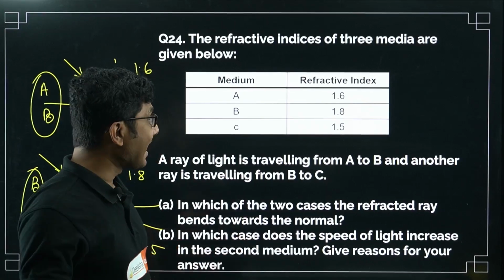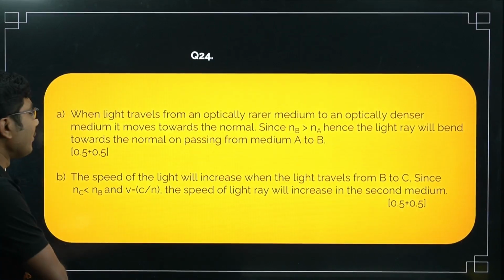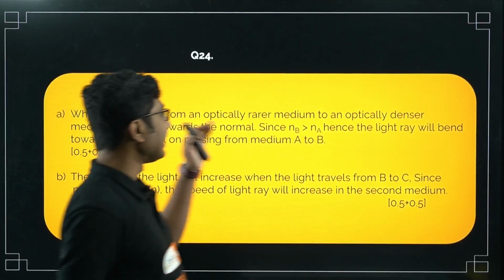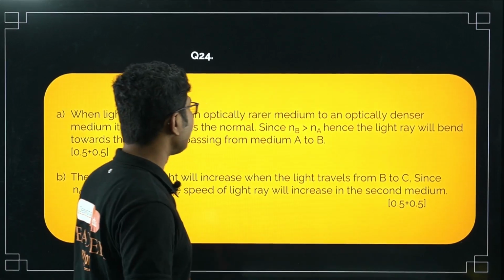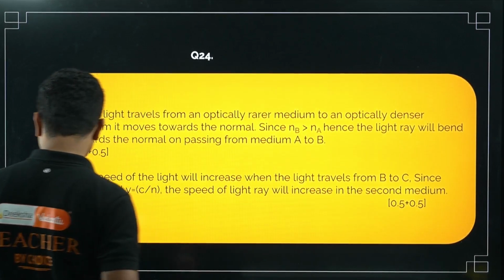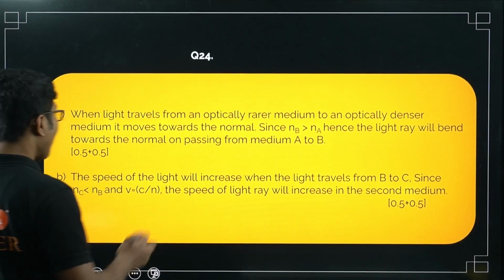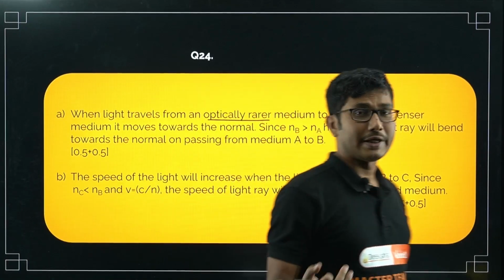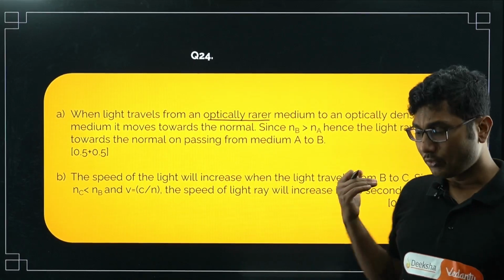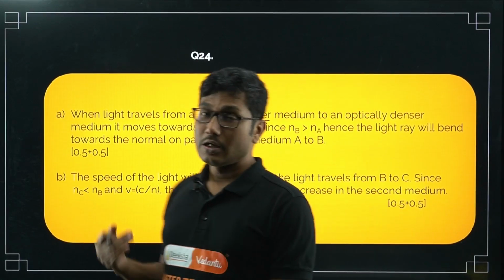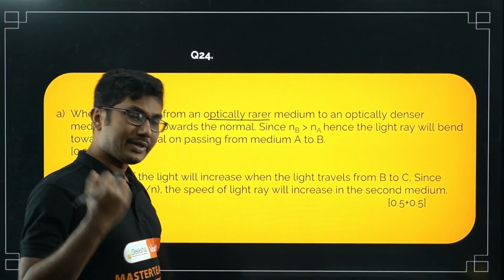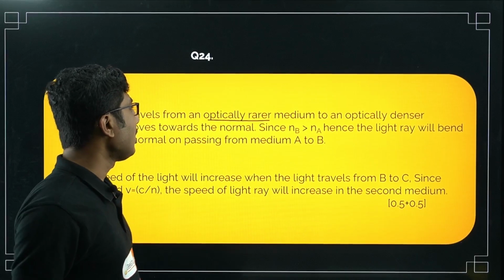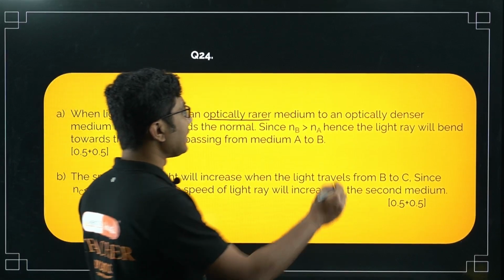Now let's see the exact explanation they have given. When the light travels from optically rarer medium to optically denser medium, this is a very important term to mention when you are answering. Higher refractive index to lower refractive index is also okay if you mention it.